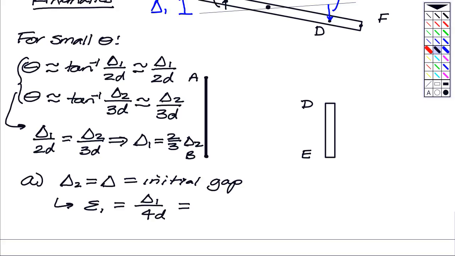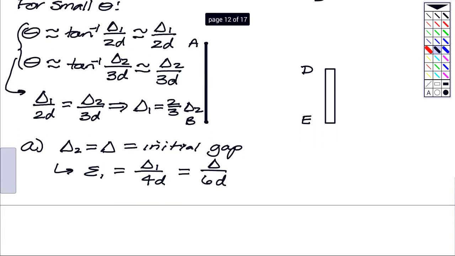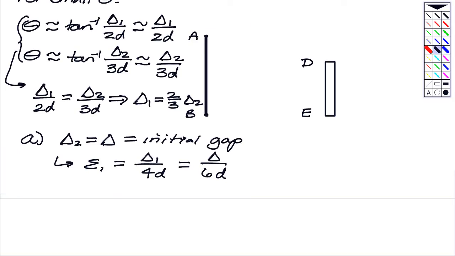And since delta 1 is equal to 2/3 of delta 2, which is equal to 2/3 of delta, this ends up being delta over 6D. So the answer to the first part is strictly from kinematics.